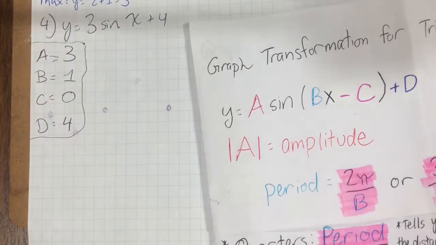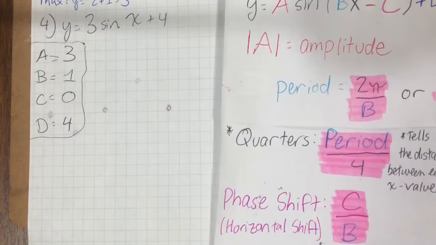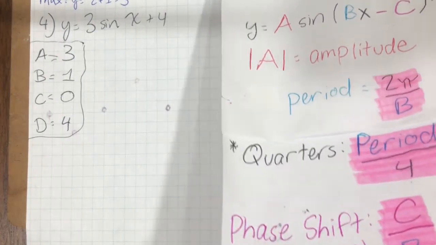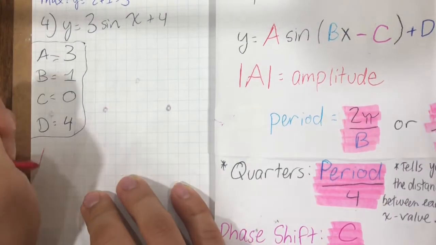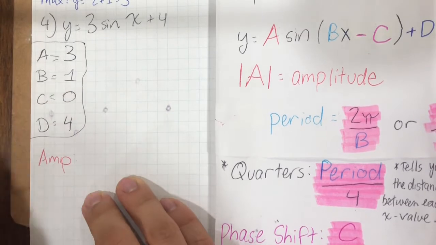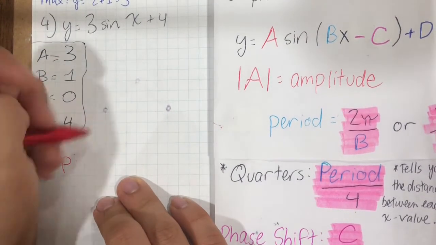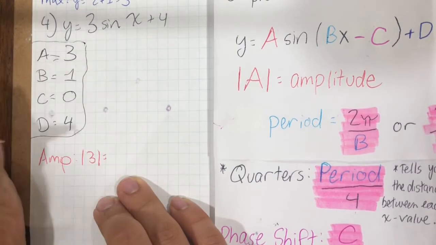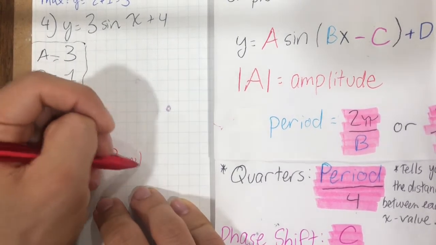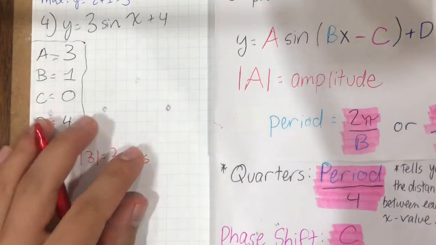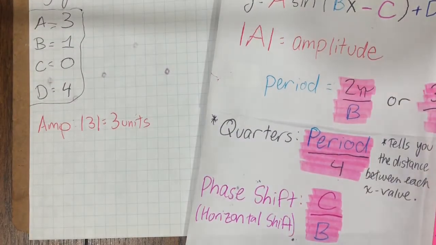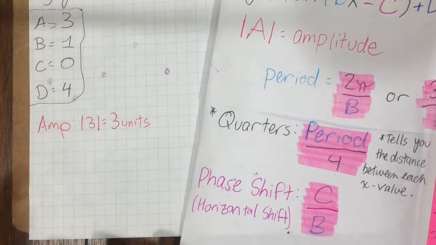All right. So now we're going to go ahead and figure out my information. First off, I have my amplitude. For my amplitude, I actually have a number for A, which is 3. And if I took the absolute value of 3, I still end up with 3 units. And then we have the period.